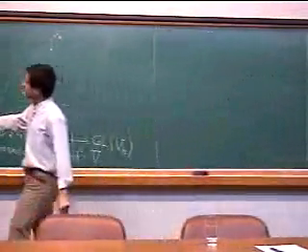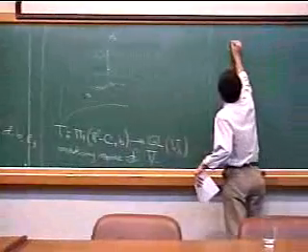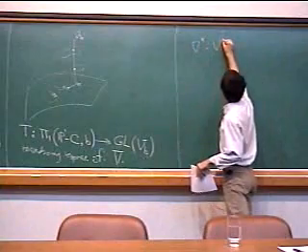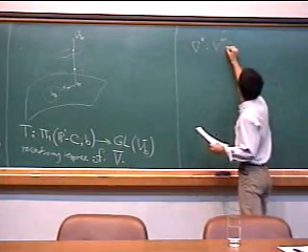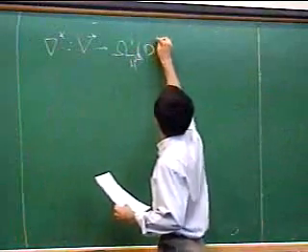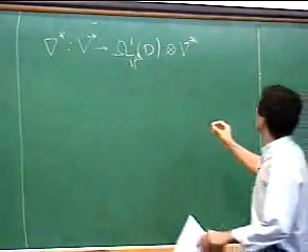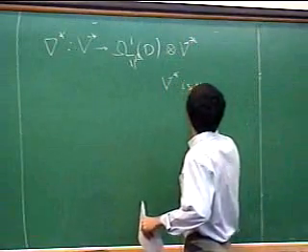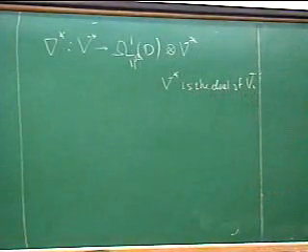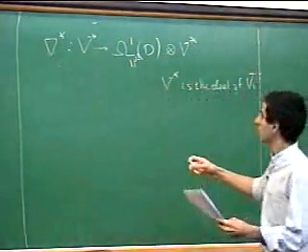When we have a connection nabla like this, in the dual there is also a connection. There is a connection in the dual space. I denote it with a star, with the same divisor. The dual is the dual of V, and the definition of this connection is in a natural way.